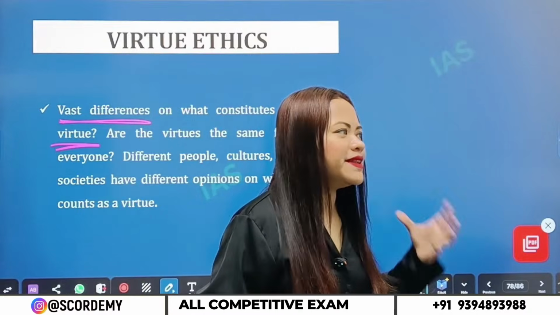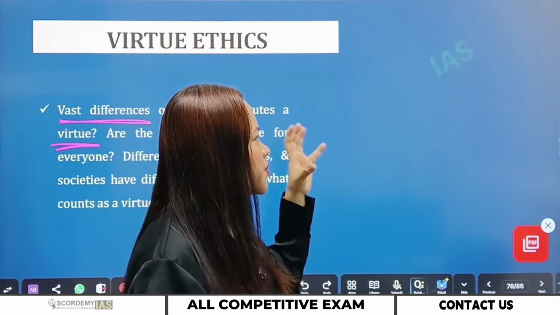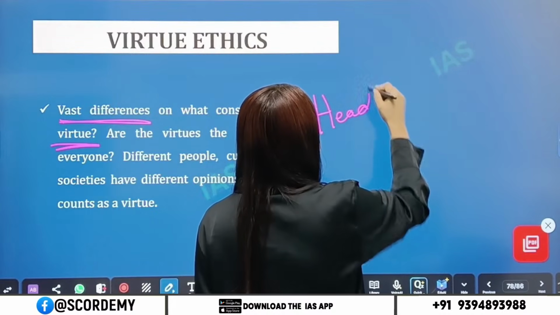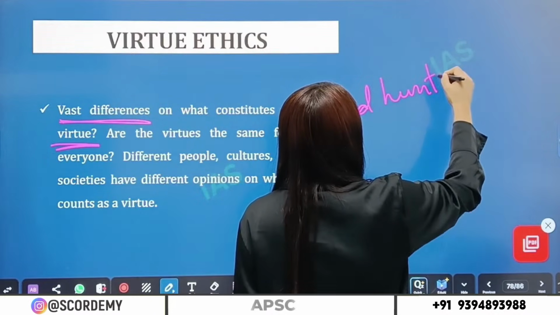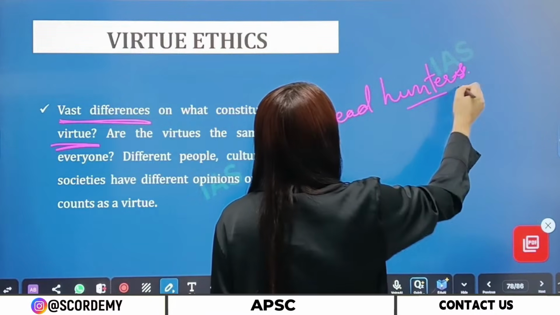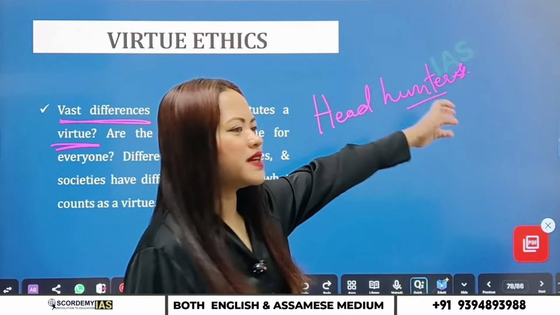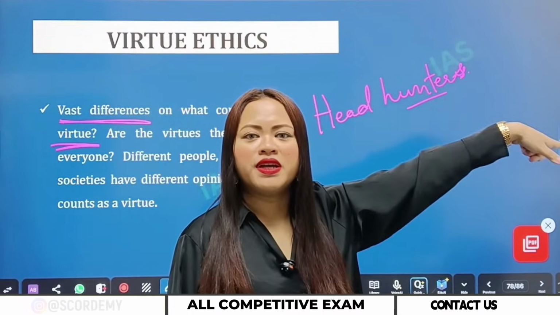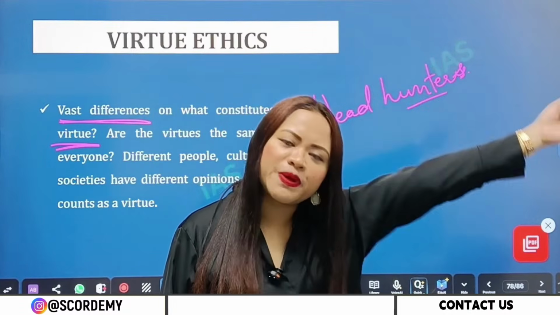In certain primitive societies earlier, there were headhunters. Remember? Headhunters. And the more heads one could collect, it was a matter of pride. So that was a virtue in that particular society, in that particular timeline.